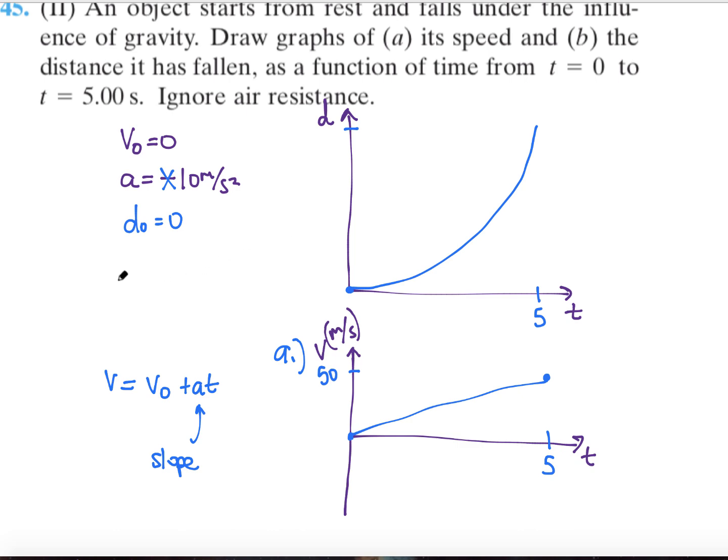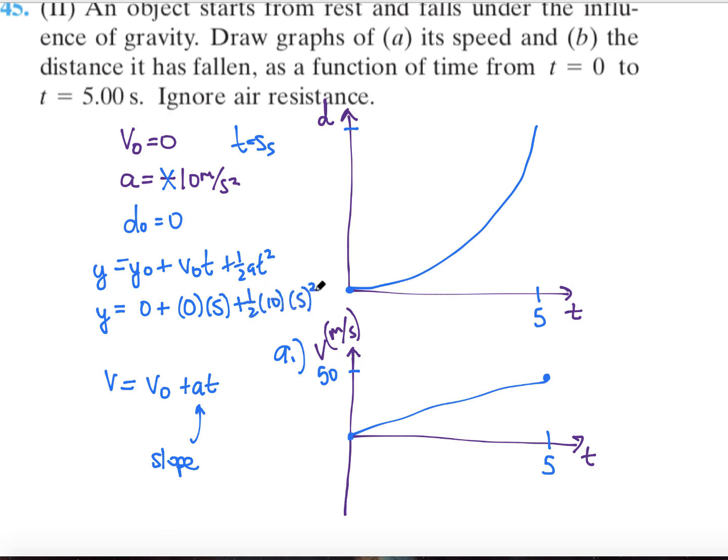So in order to do this, I'm going to use the second kinematic equation, right? My x equals x naught plus v naught. Actually, I can do this with y. Let's do it with y. That makes more sense since we're falling. y equals y naught plus v naught t plus 1/2 at squared. So if my y naught is 0, then my distance that I fall after 5 seconds is going to be 0 plus 0 times 5 plus 1/2 times 10 times 5 squared.